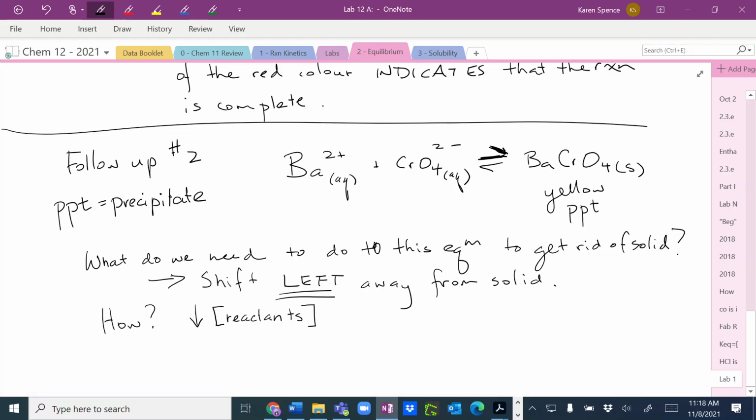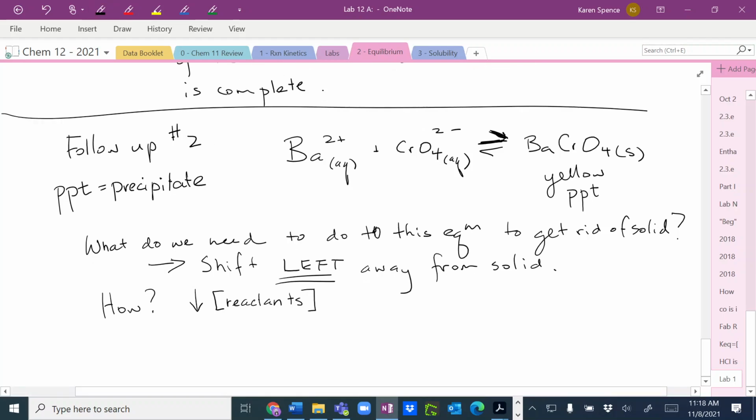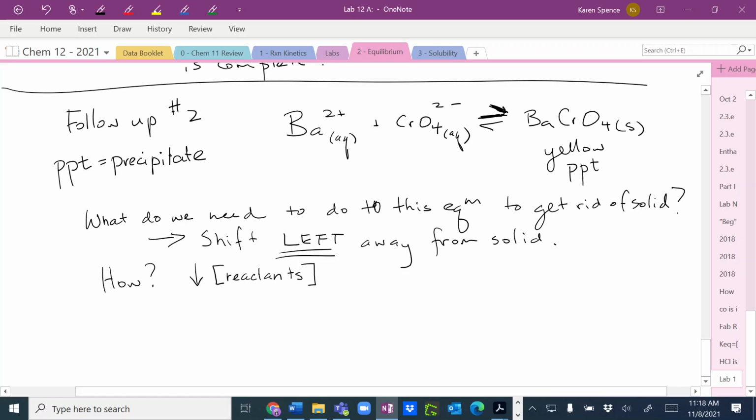All right. Now, I'm going to write the other reaction that is relevant, that is on page 167, and that is the following. 2CrO4 2- plus 2H+ in equilibrium with Cr2O7 2- plus H2O liquid.